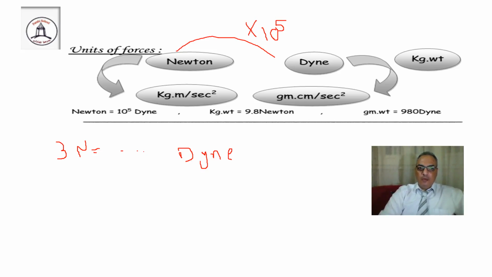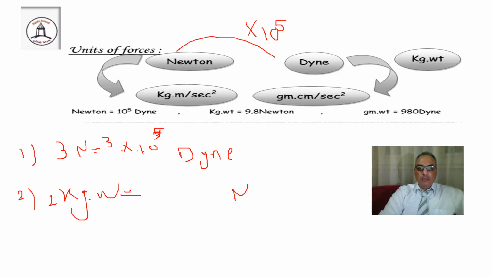So 3 Newton equals 3 multiplied by 10 to the power 5 dyne. Another example, to convert 2 kilogram weight to Newton, multiply 2 by 9.8, and so on, right?